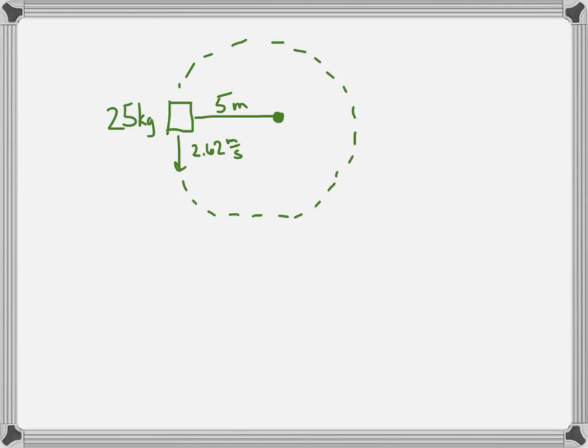So let's use our centripetal force equation, Fc equals mv squared divided by r. The mass is 25 kilograms. The velocity is 2.62, so I'm going to square that, and then divide it by the radius, which is 5.